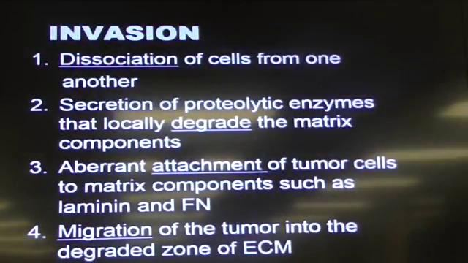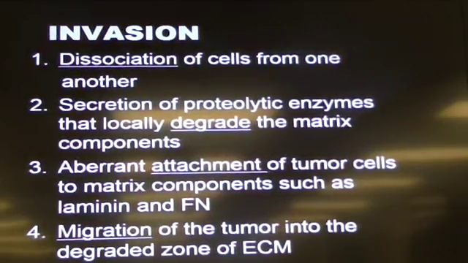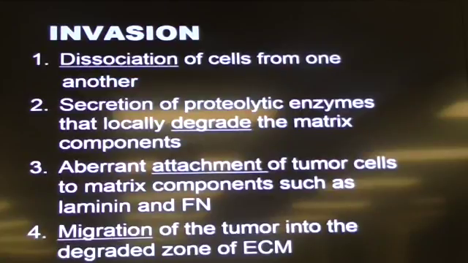So the 4 mechanisms of invasion, I got this from McGavin and Zachary, which was recommended, or Robbins and Cotran for y'all? Probably McGavin and Zachary. Y'all not have your book? It started off with just Robbins and Cotran, the authors of Pathologic Basis of Disease. I was just saying it by their author name.